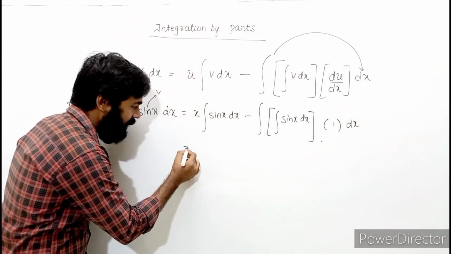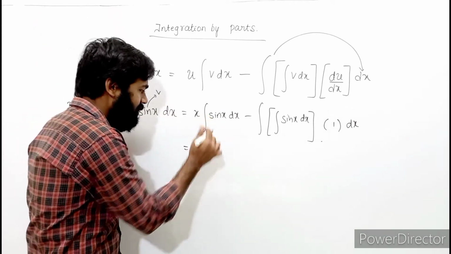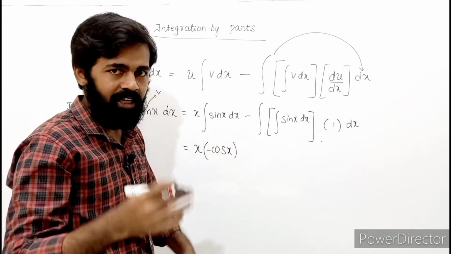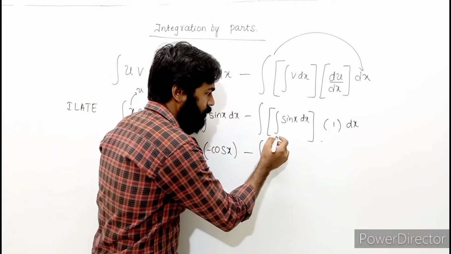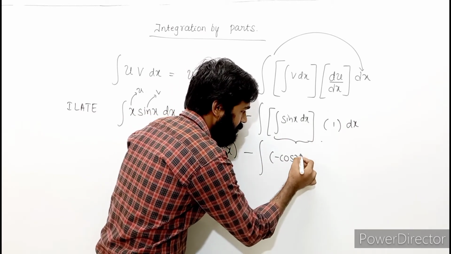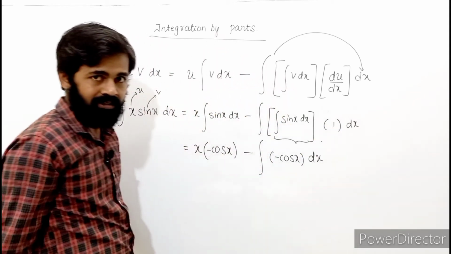Now here you see x as it is. What is the integration of sin x? It is minus cos x. Minus integration, what is integration of sin x? Again minus cos x. 1 into dx is nothing but dx.